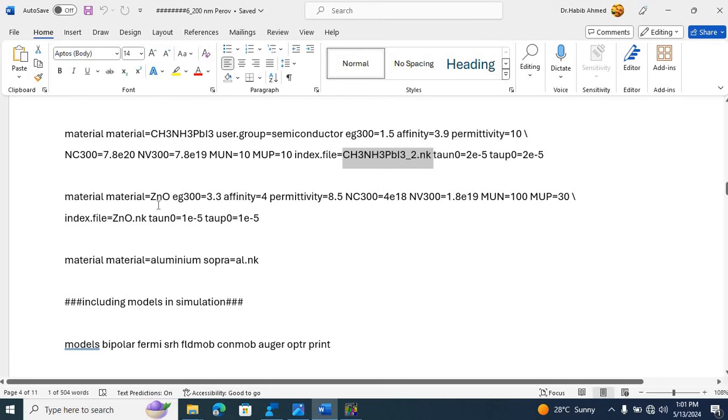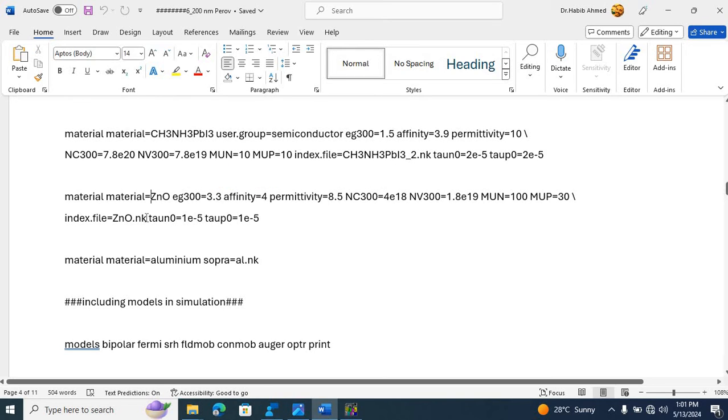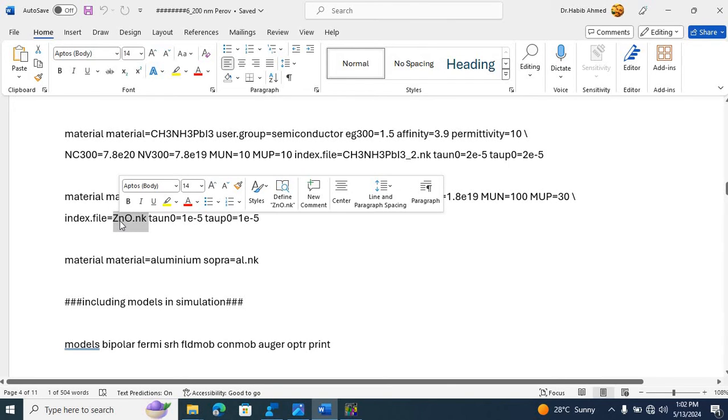Similarly, I have defined the material properties for zinc oxide as well. Once again, it's a built-in material inside Silvaco TCAD, but we still don't have the optical properties of zinc oxide inside Silvaco TCAD, not in the current version that I'm using.